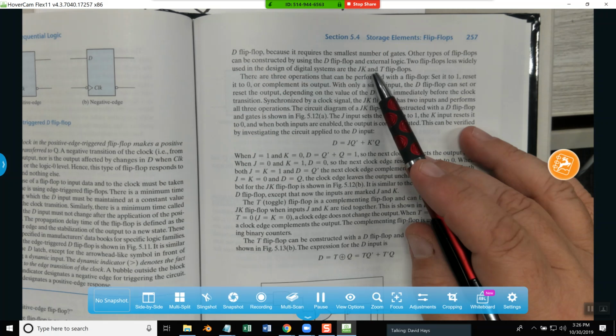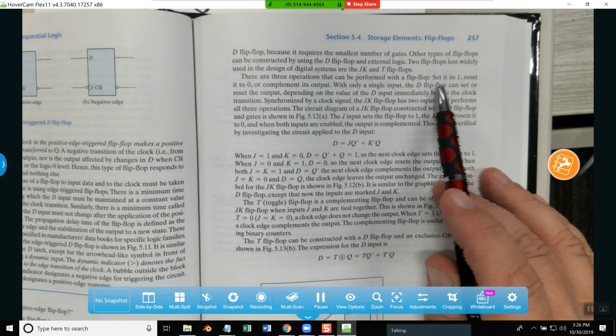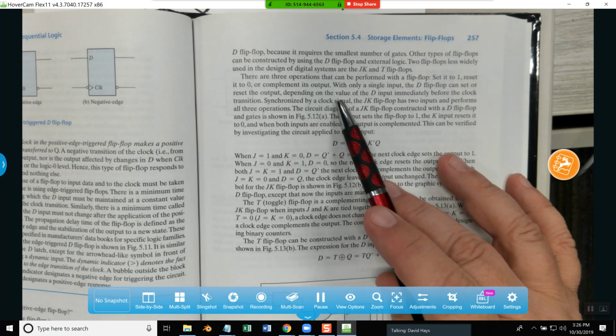If J is equal to 1, then K is equal to 0, and that flips it, and that's a 1, and that's a 1. And here's Q prime. So if that's a 1, that's Q prime, then this would give you whatever Q prime is coming out.